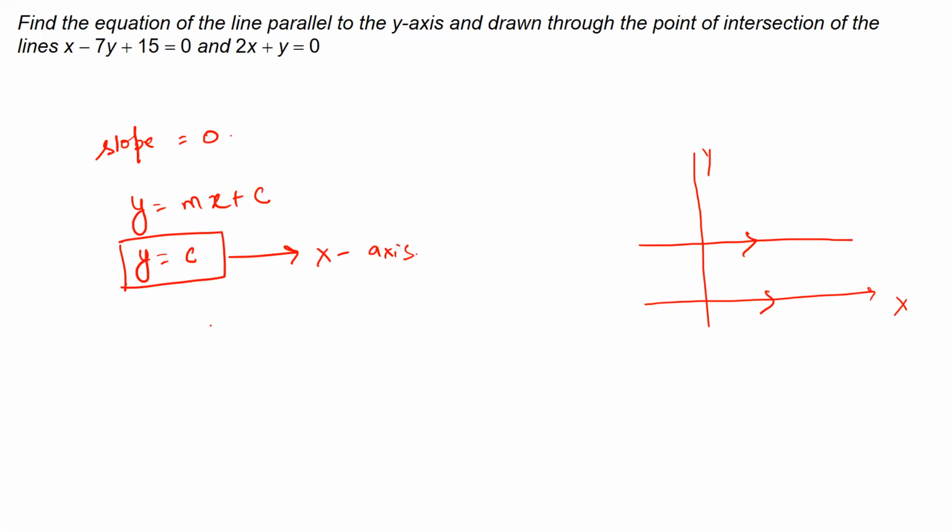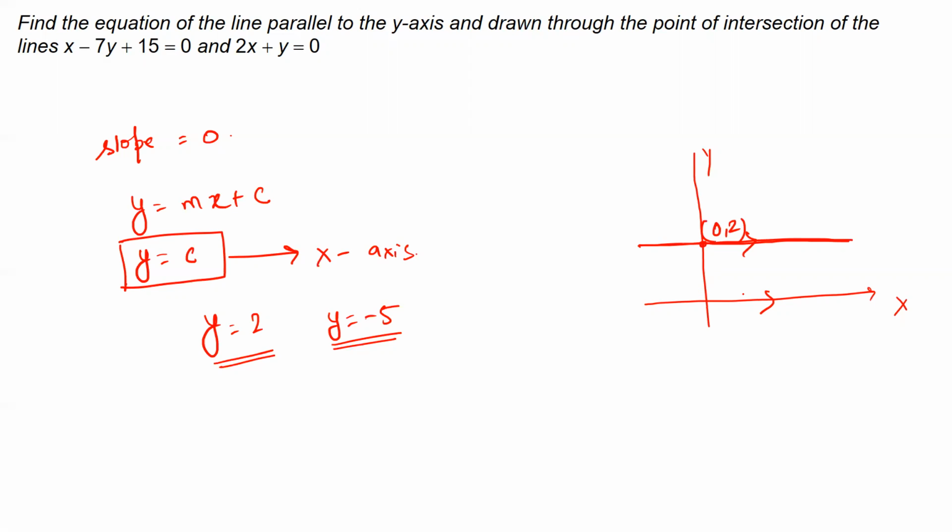So always remember, if I give you, suppose, y is equal to 2 or y is equal to minus 5, all these equations are the equations of lines which are parallel to the x-axis. Now let me tell you why it is so. Consider this line itself, and assume that this point over here is (0, 2).